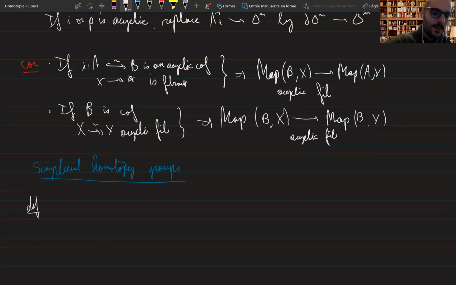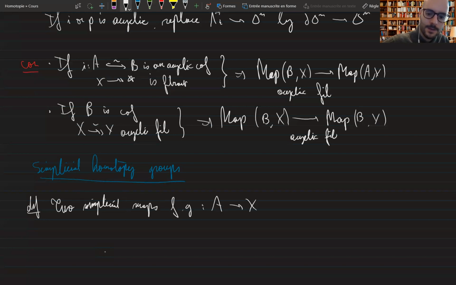So first of all, we need to define simplicial homotopies. Two simplicial maps f, g from A to X are homotopic if there exists a diagram like this.